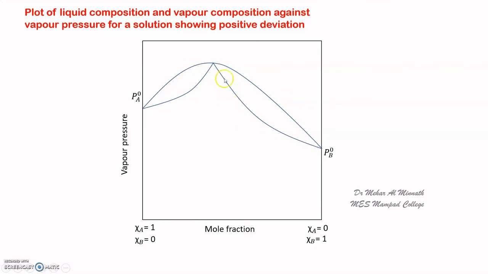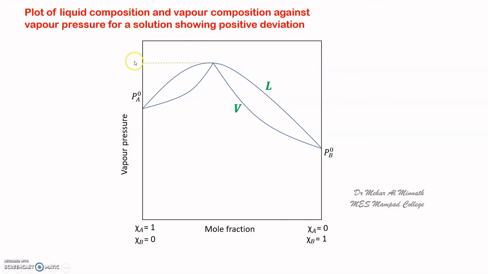it appears like this. That is, at a particular point the vapor curve and the liquid curve meet. The liquid curve is obviously on top and the vapor curve is below. At this point the vapor curve and the liquid curve meet, and the composition of the vapor phase and the liquid phase is the same.